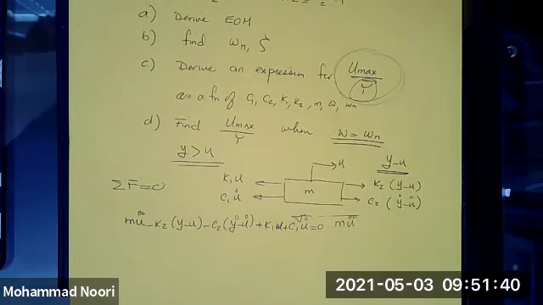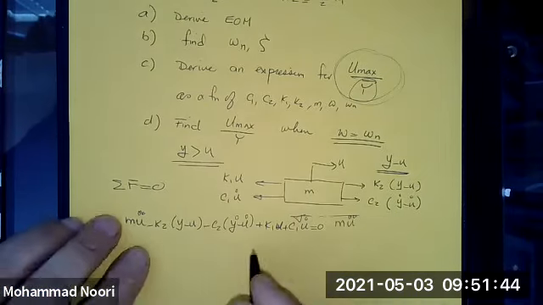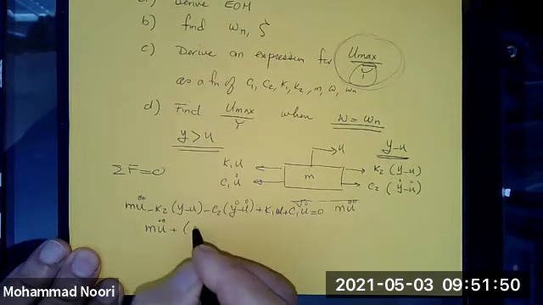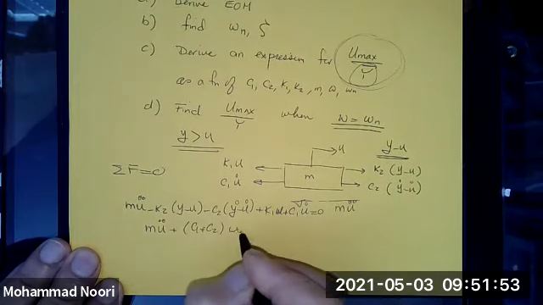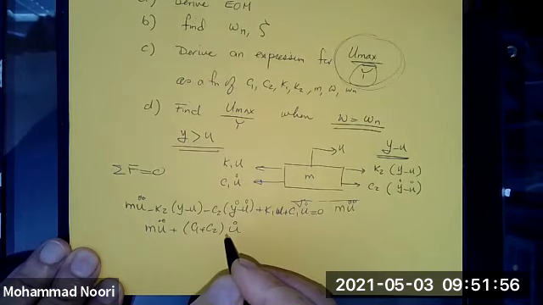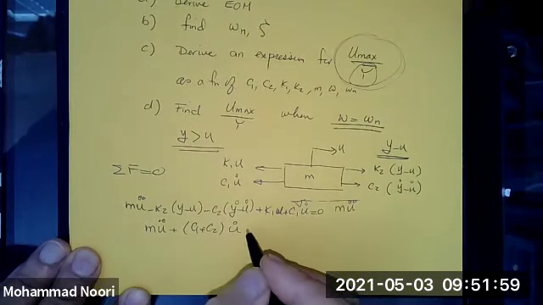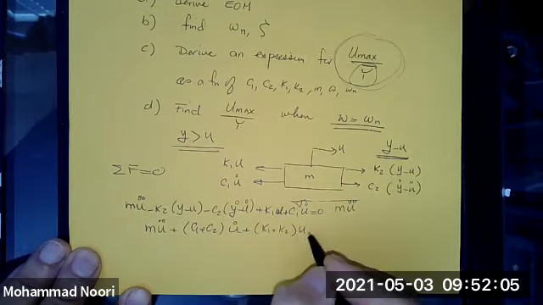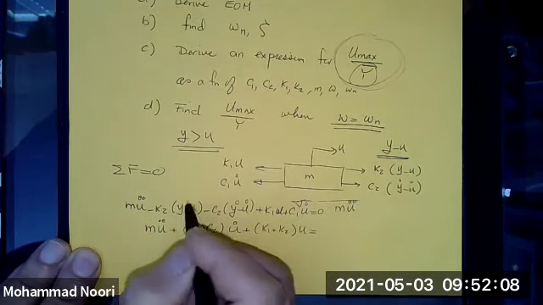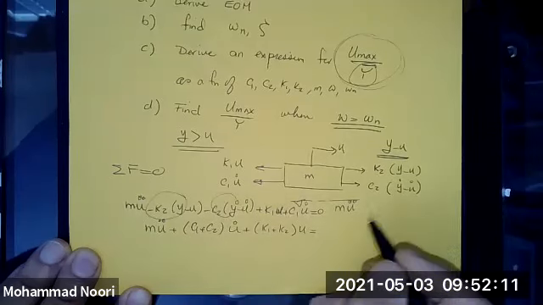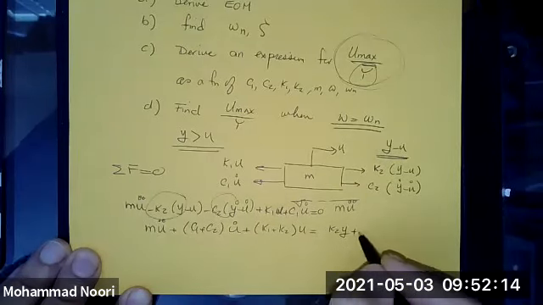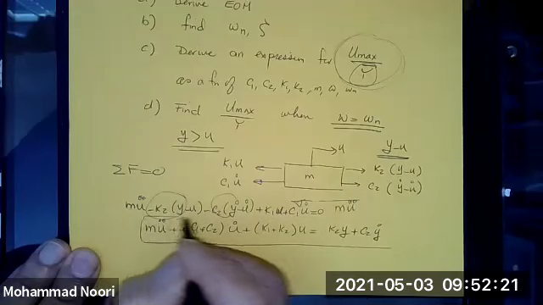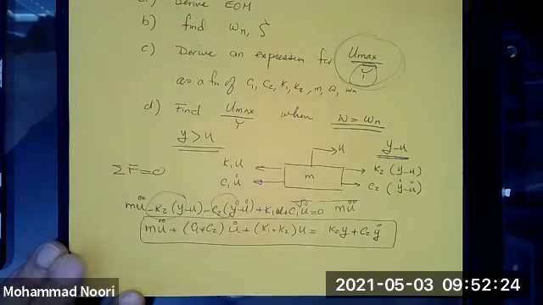So all the forces added up. First, simplify this: it becomes m u double dot plus C1 plus C2 times u dot plus K1 plus K2 times u, equal to taking these terms to the other side, so you have K2 y plus C2 y dot. So this is the equation of motion.